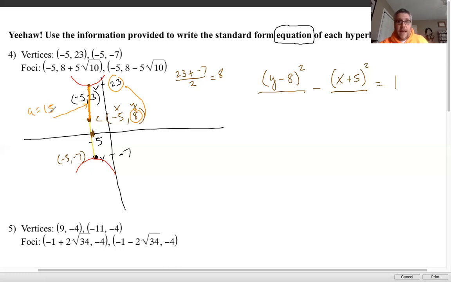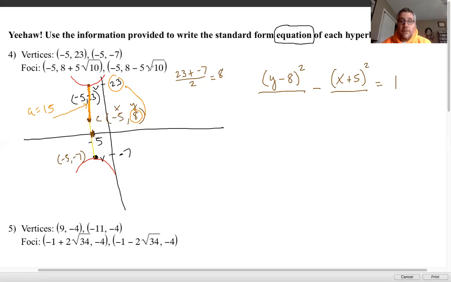So now I know that a is 15. Okay, that is a fact, but you need to know 2 out of the 3 of the A, B, and C to get somewhere here. So now we'll use the other thing that we were given. We are given that the foci are at -5, 8 plus 5 root 10 and -5, 8 minus 5 root 10.